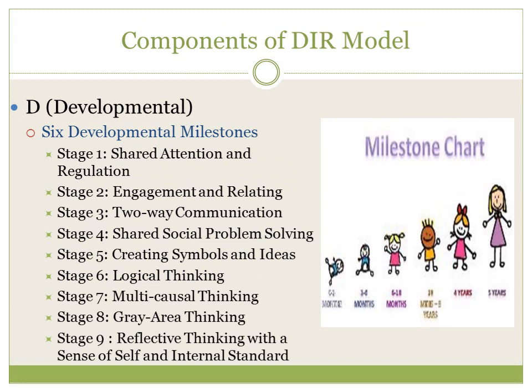There are three components of the DIR model. First is D, which stands for developmental. The developmental component is the foundation to this model because it is critical that we have an understanding of where the child is developmentally. The 6 developmental milestones describe the developmental stages that every child must master in order for healthy emotional and intellectual growth.